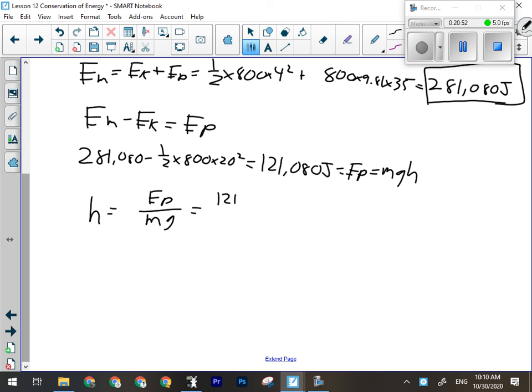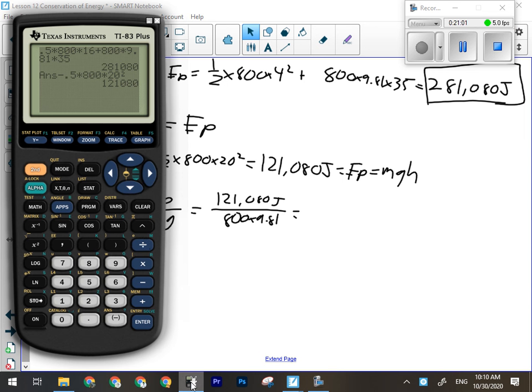So that'll be 121,080 joules divided by 800 times 9.81. All right, so it's still 15.4 meters above the ground. Okay, is that making some sense? Ringing the bell?